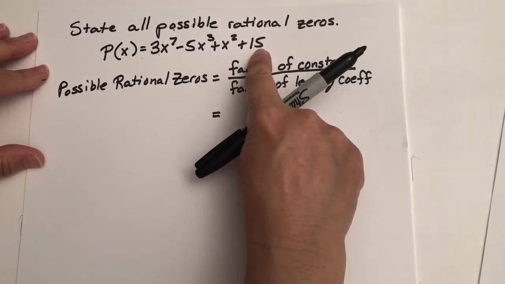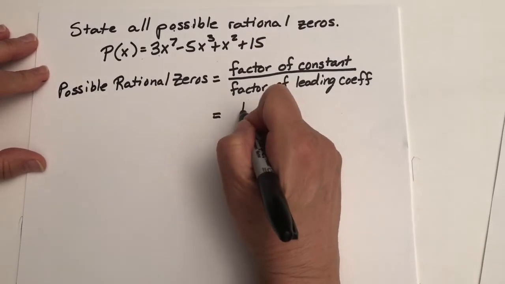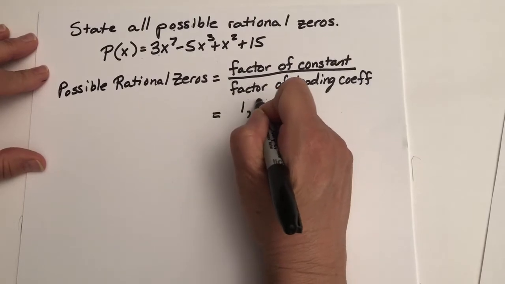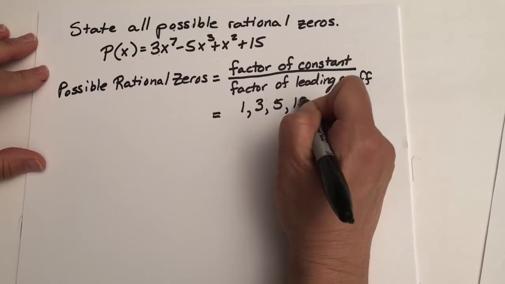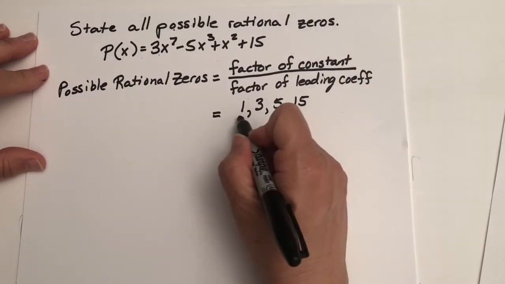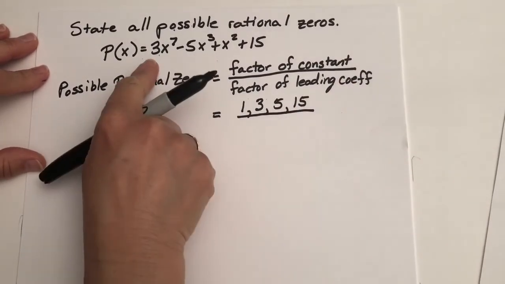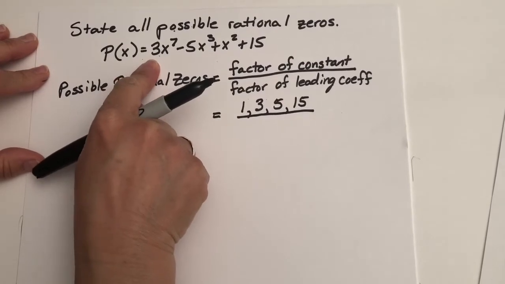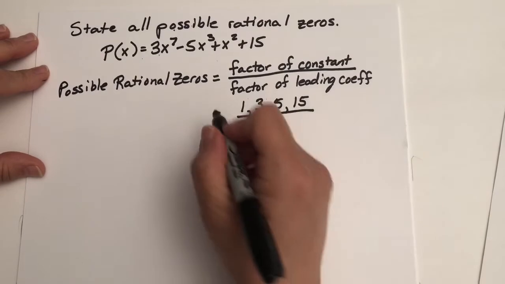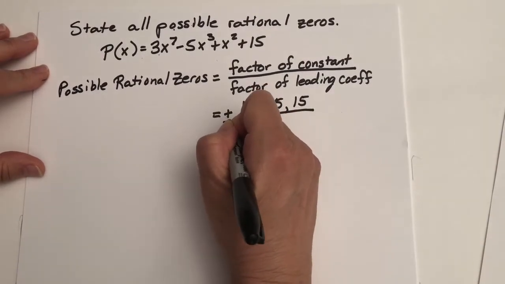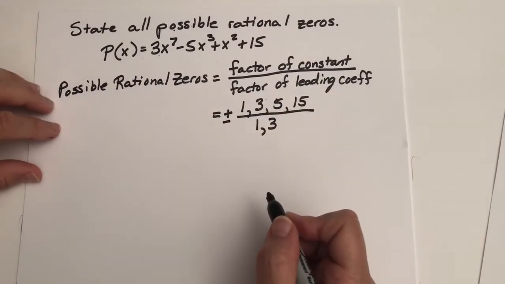Factors of the constant: the factors of 15 are 1, 3, 5, and 15. And the factors of 3, and I'm talking about integer factors, are 1 and 3. And of course, any of those ratios could be positive or negative.